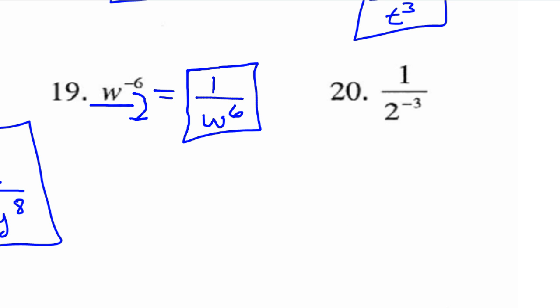Okay, similarly, again, if you have a negative exponent, it means that that factor is on the wrong side of the fraction. It's got to be moved. So this 2 to the negative 3 power is going to have to move up. Alright, so that's going to move up and become 2 to the positive 3 power up there.